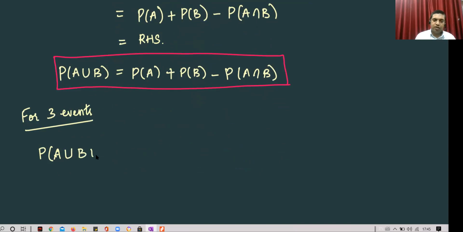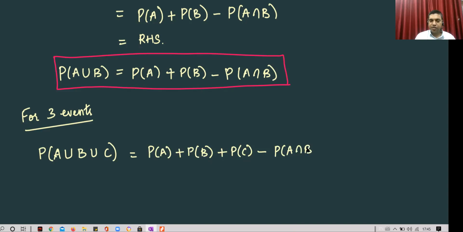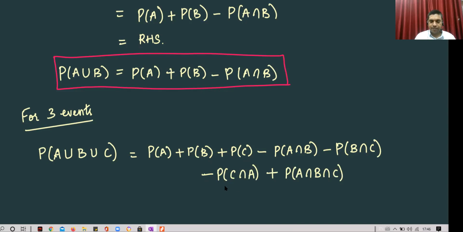The probability of A union B union C, the probability that either A or B or C occurs, is probability of A plus probability of B plus probability of C, minus probability of A intersection B, minus probability of B intersection C, minus probability of C intersection A, plus probability of A intersection B intersection C. So it first starts with single events, where the probabilities are all positive.